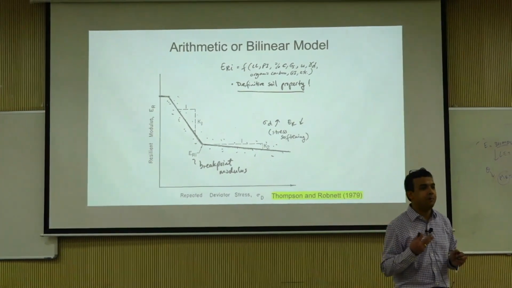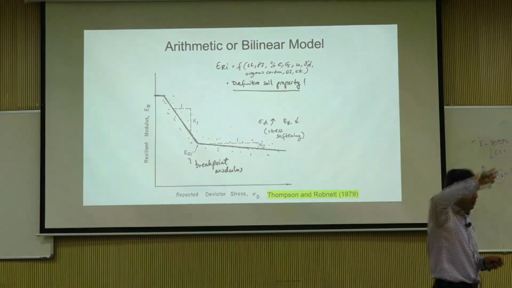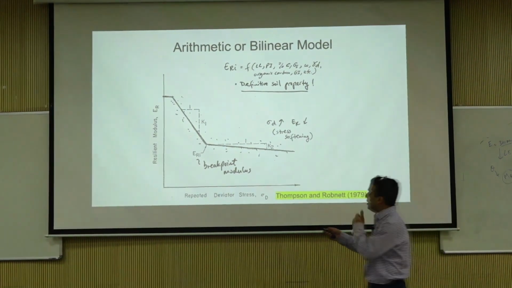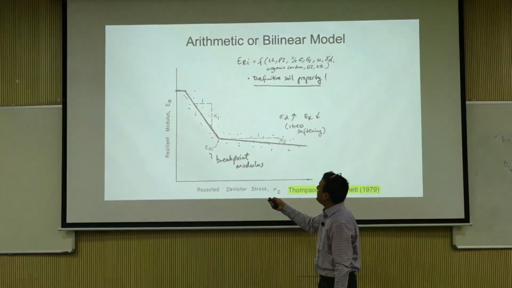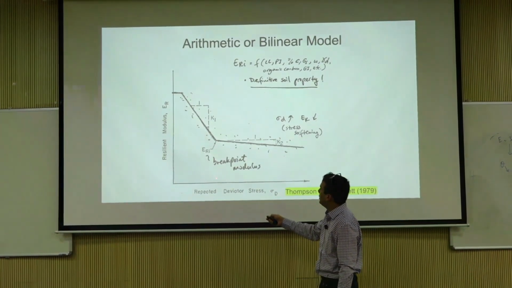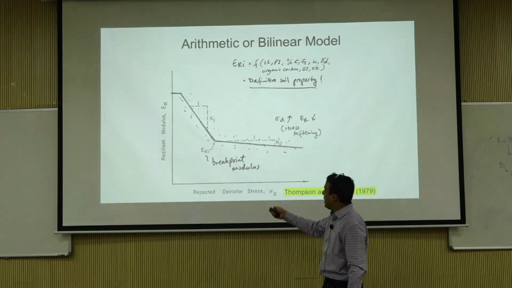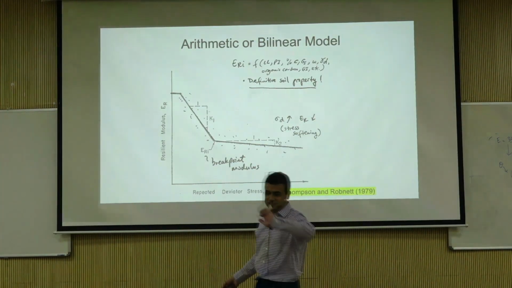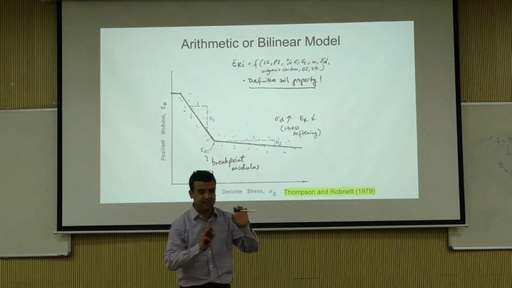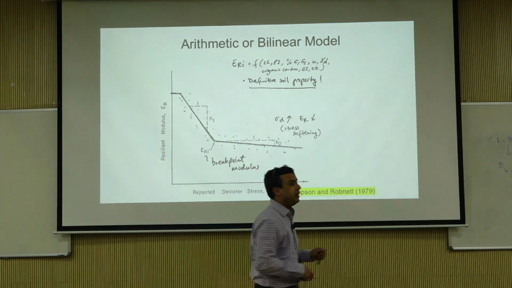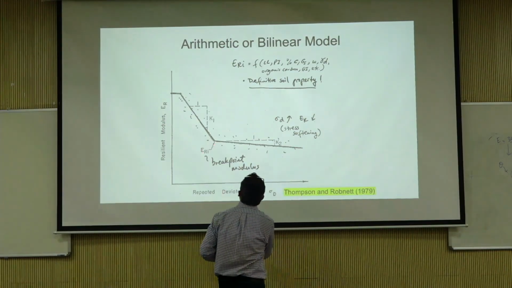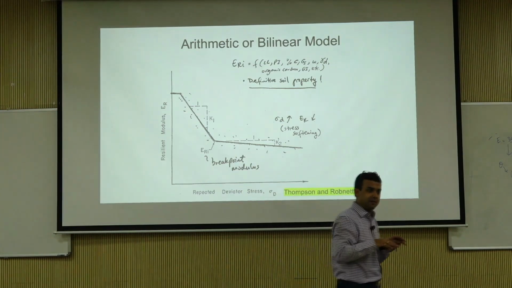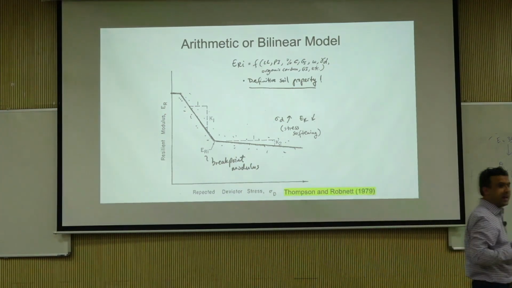I have always called it bilinear, but recently I have been taught on a completely different topic that it should be piecewise linear. Basically, until a certain point, which is called the break point of the deviator stress, and from experience it is close to about 6 psi, just empirical, there is no physics behind it, you have a very rapidly reducing modulus. Beyond that it goes a little flatter. So there are bilinear models.